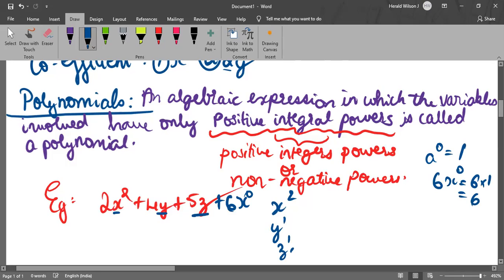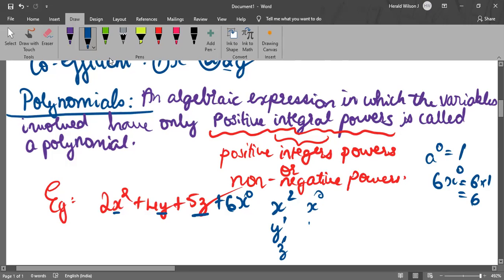So here again we have x to the power 0. Now you see in all of these, what are the powers? Are they negative? No, they're positive. 0 is a whole number. That's what I told you, non-negative powers. Positive integers include 0 as well. So 1, 1, 2, 0, all of these are positive integers.